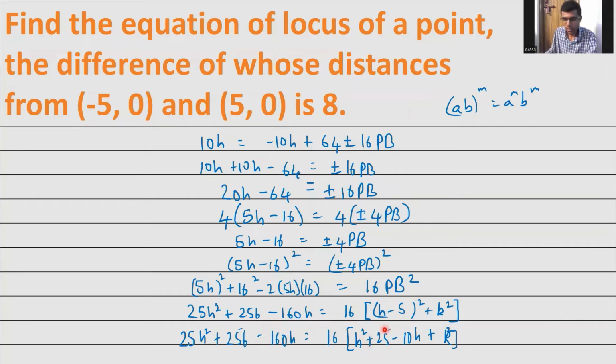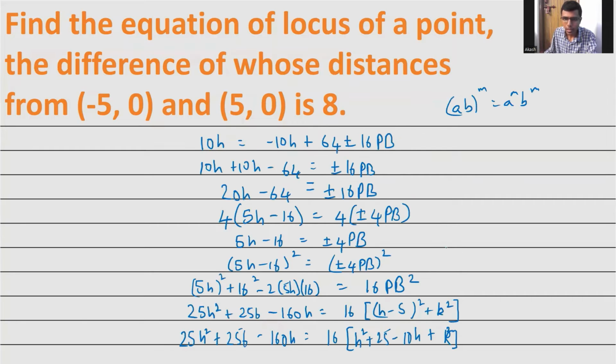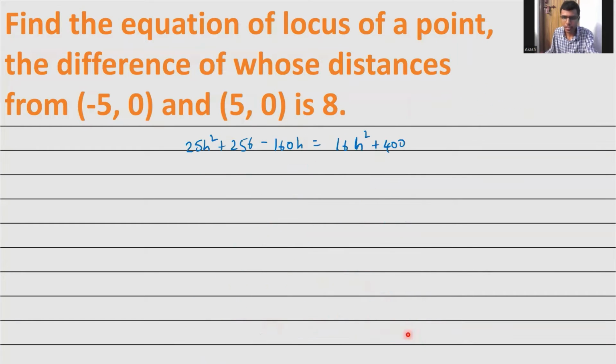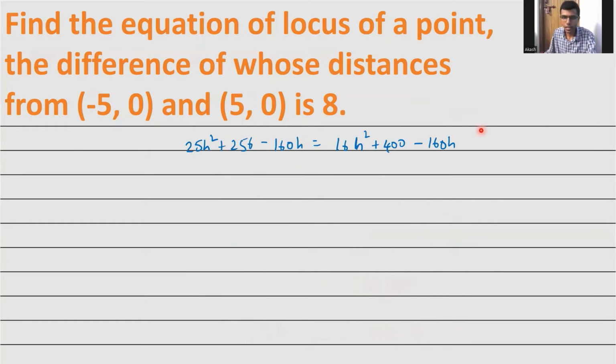16 into h square, 16 into 25 is 400, plus 400, and then 16 into minus 10h is going to be minus 160h, and 16 into k square, so I add 16k square.